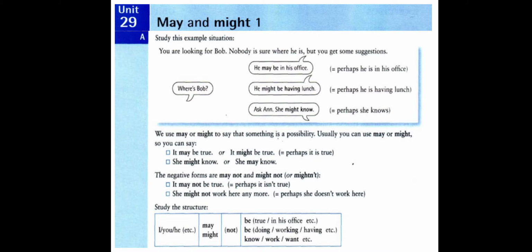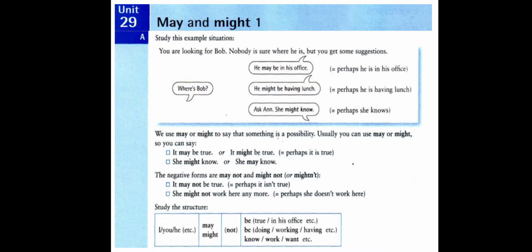May and might 1. May and might are used to express possibility or probability. The form of may and might is like this.